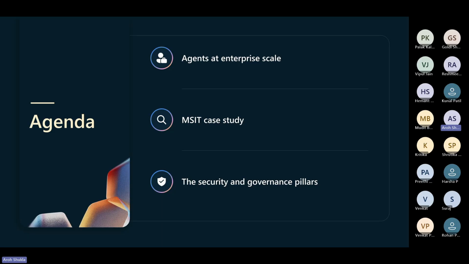So think about scale from 10 to 10,000. When you implement any kind of agents, you always have to think about scale, because Microsoft always works on scale. If you build something hard coded for just 10 users and you want to scale, it's difficult to do.